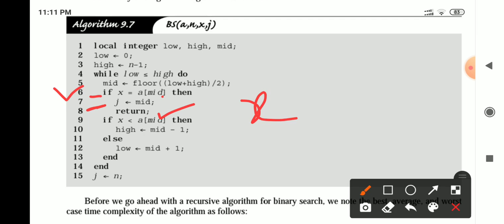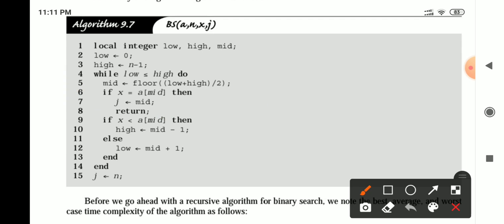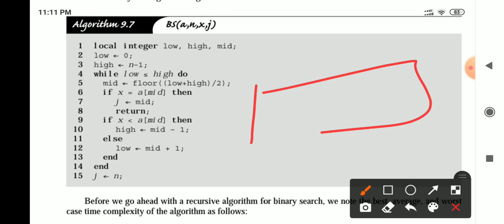That is, our search is successful, and in a single process we get the actual value. Now the second case: if it is not equal to mid, we have to go for either the left part or the right part.